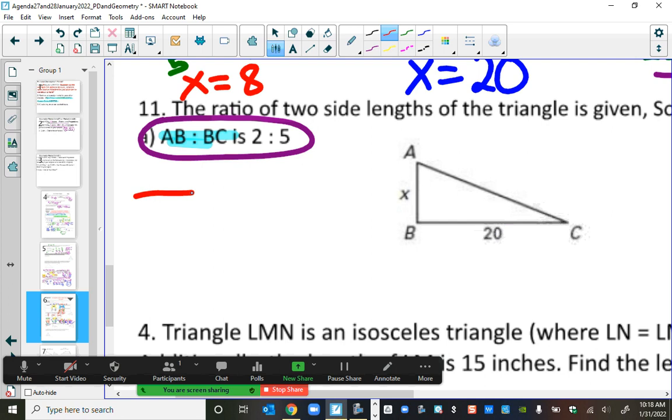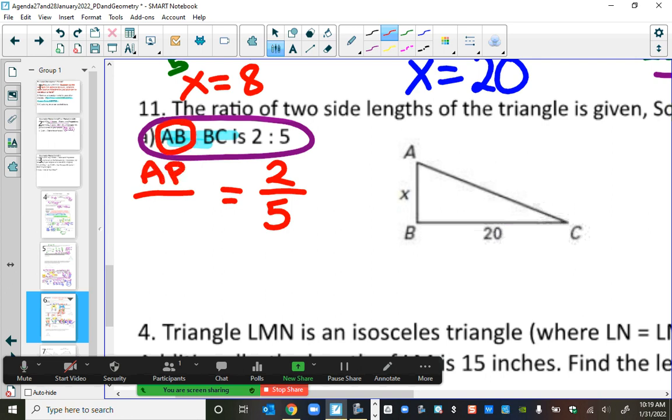Where's that fraction bar? The colon represents a fraction. So we're going to get 2 over 5. So that part's okay. Going back here, you take both letters.